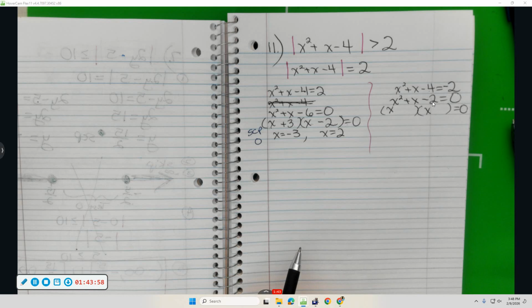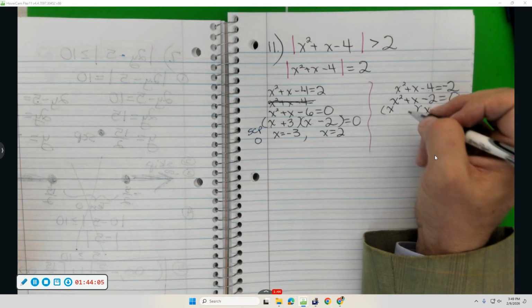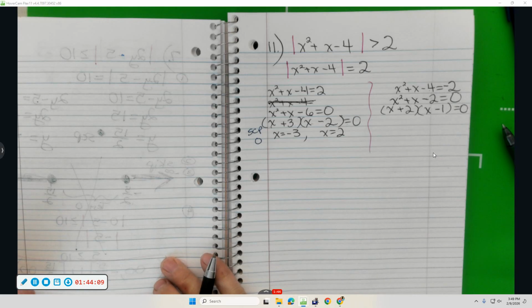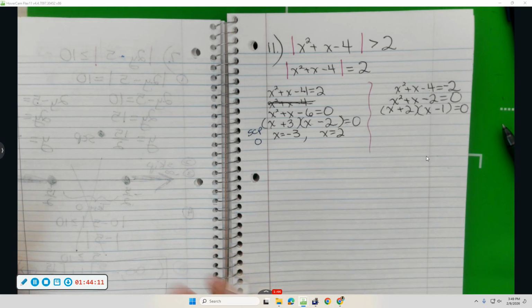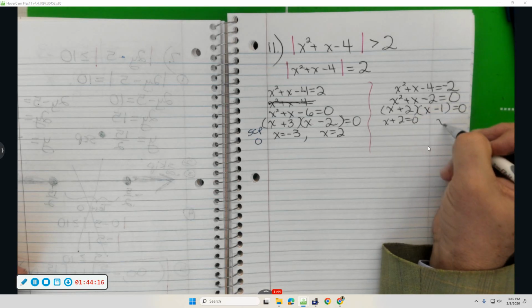What do we know about the signs? 1 plus and 1 minus, just like the previous case. So what about a positive 2 and a negative 1? Does that do it? Yes. So we're about to get two additional cut points. What are they?